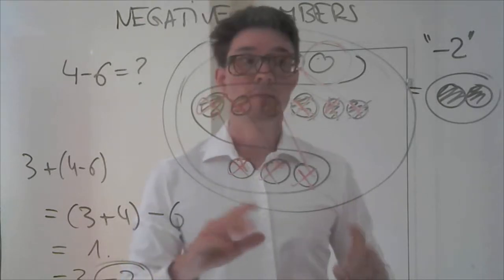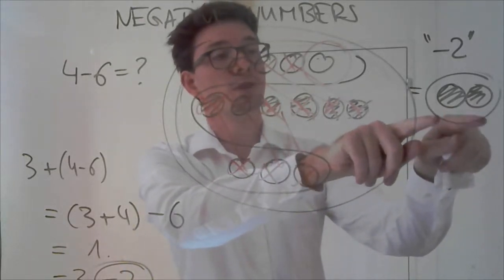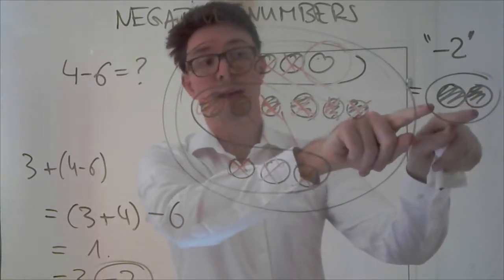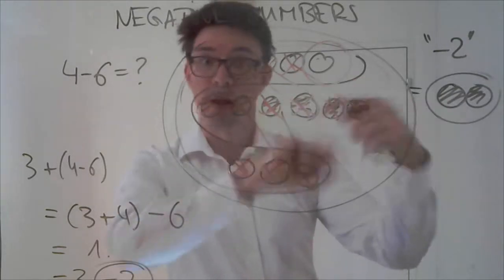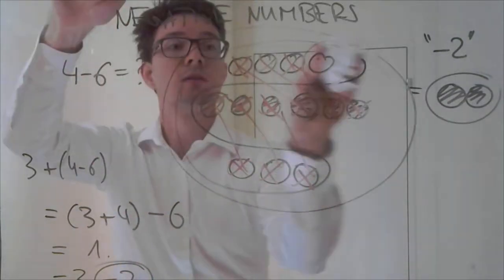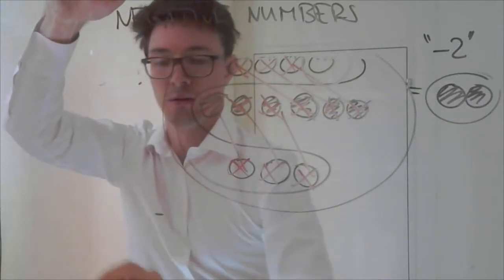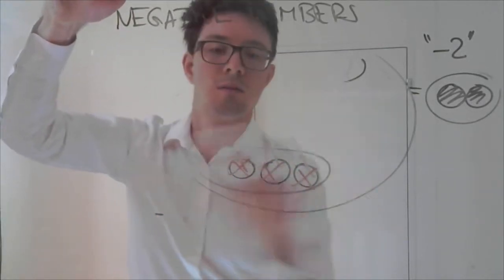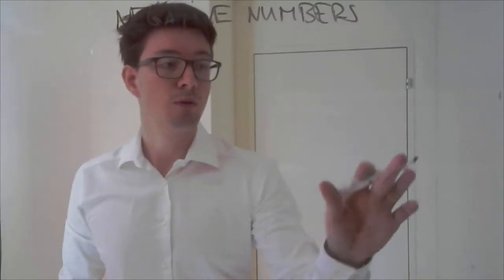Now, if we allow this to stand on itself, to interpret this as a number, we need to check that we can actually add and subtract these things among each other. So let's check this. And there's really not much work to do.